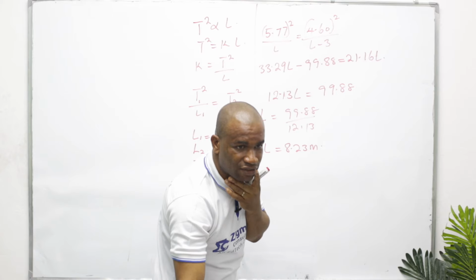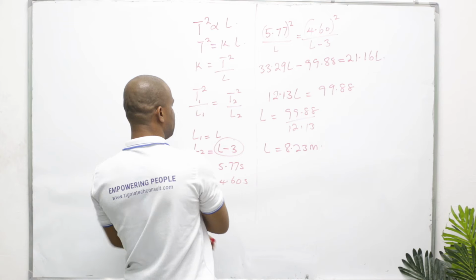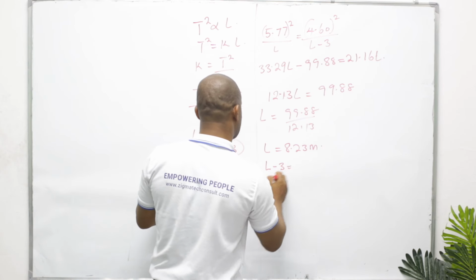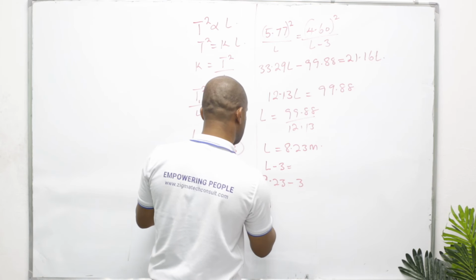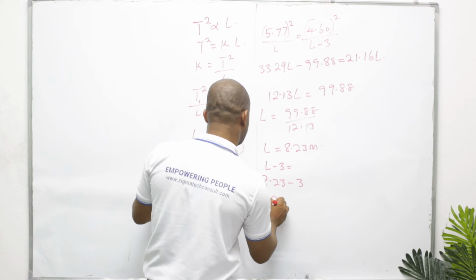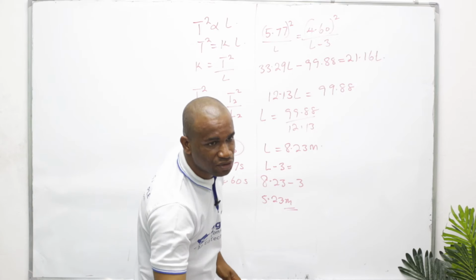But the question says calculate the new length. This is actually the original length. Therefore, the new length is L minus 3, which is 8.23 minus 3, so this is 5.23 meters. And that is option A.